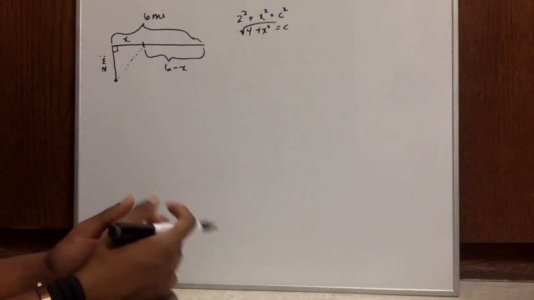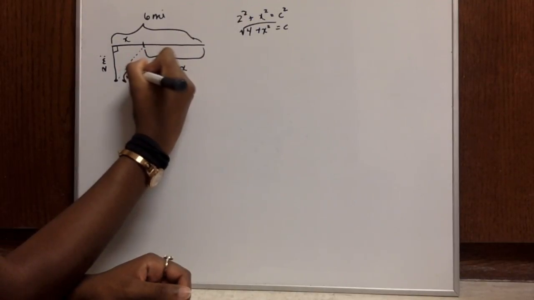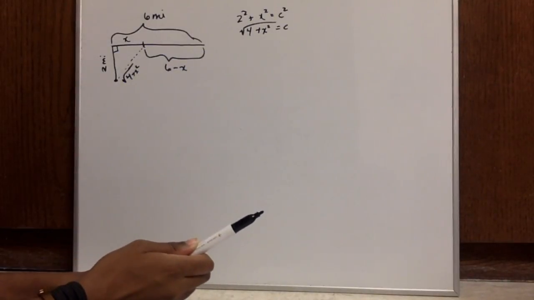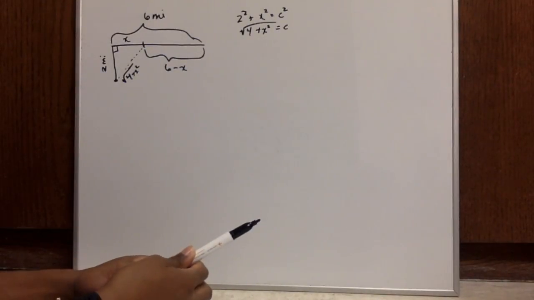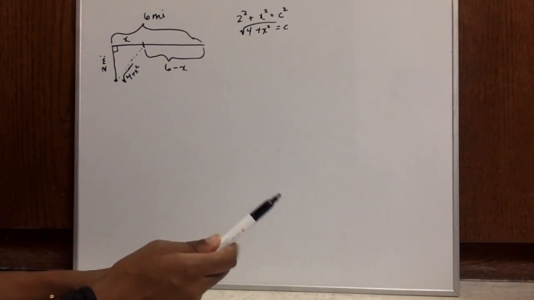So we have these expressions for distances, but we're trying to find where she can land her boat in order to reach her village in the least amount of time. So here we're going to write an equation dealing with time.